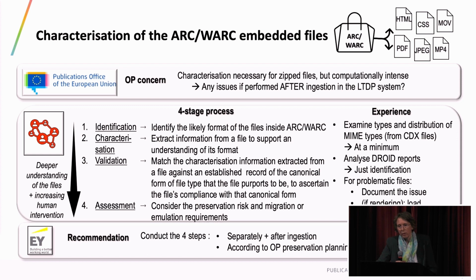The first one is the identification, so you don't open the embedded files, but you just guess their format, usually from the extension. The second is the characterization itself, so you open the file and you look into some bits in order to see what format it is. The third one is the validation, where you see if a file claiming to have a specific format conforms to the specifications of this format.